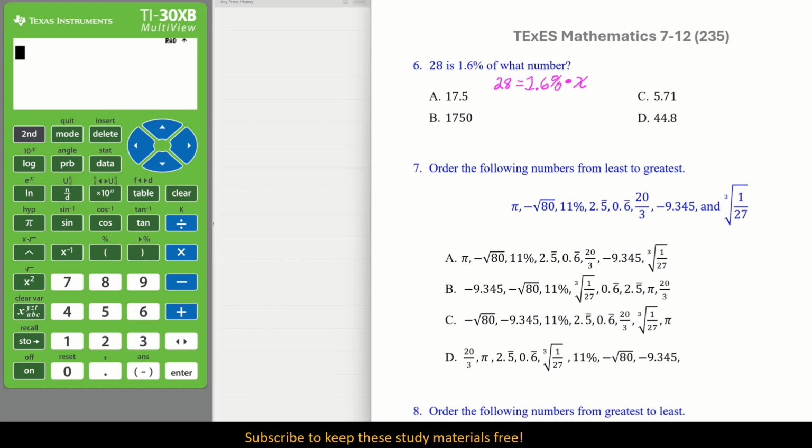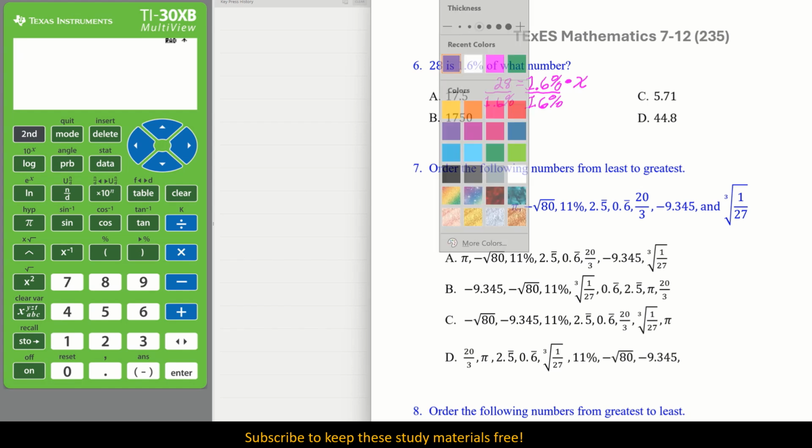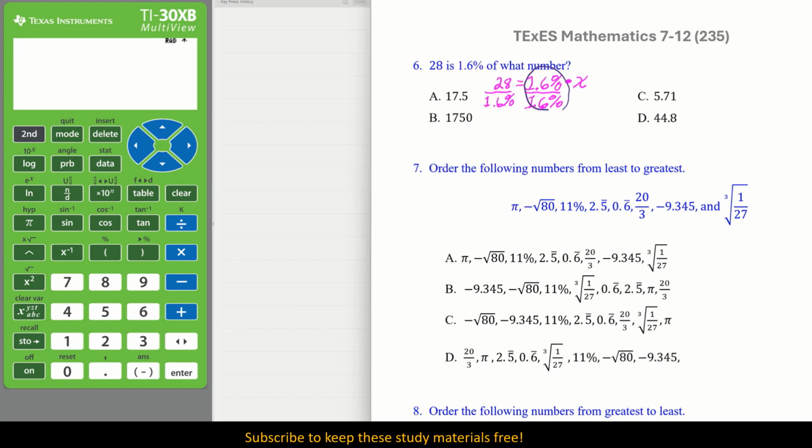Now, just dealing with this quickly, algebraically, we would divide both sides by the 1.6%. So that means that we would have a 1 here. So then we have something to enter in the calculator to get the value that we need.